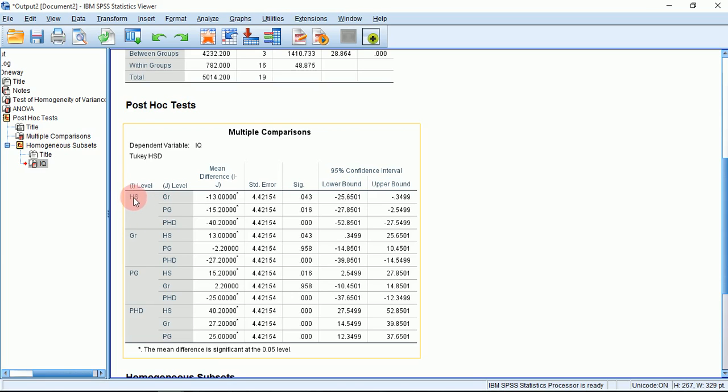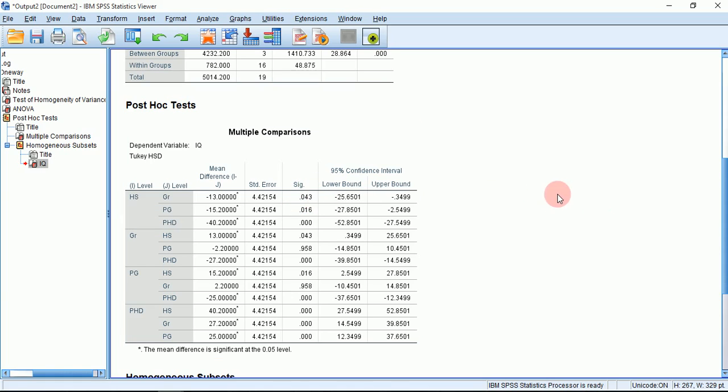Let's look at the interpretation here. Here what we see, the mean difference between higher secondary and graduates is 13, and this difference is statistically significant because the significance value is 0.043, which is less than 0.05.